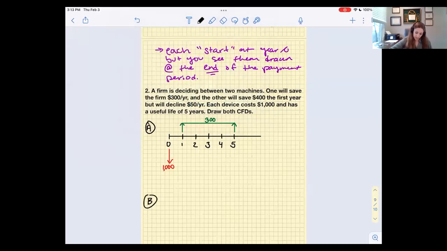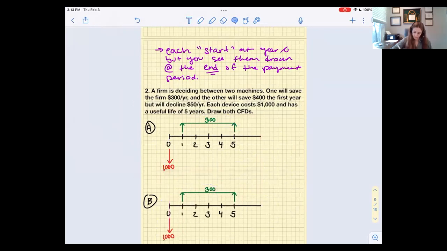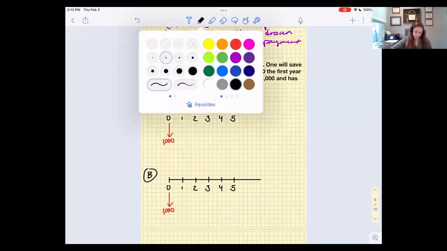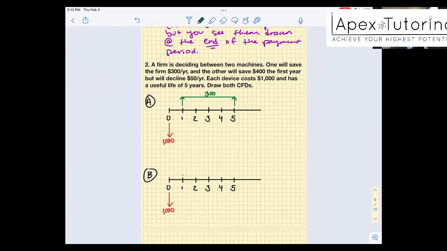Okay, let's try machine B. So it still has the $1,000 cost at year 0. But what would we draw at year 1? $400 up. Good, 400 up.